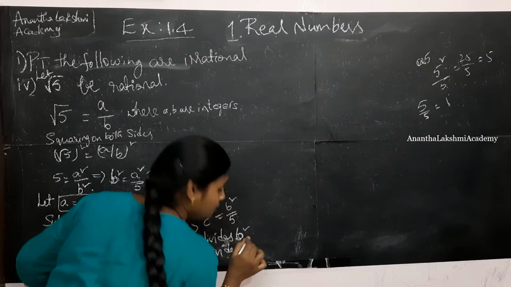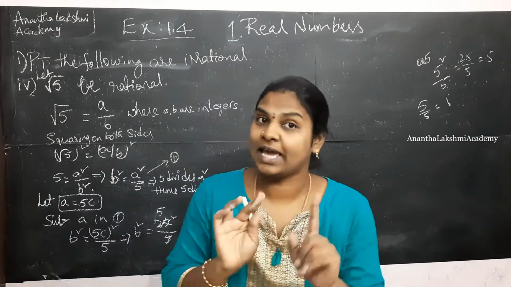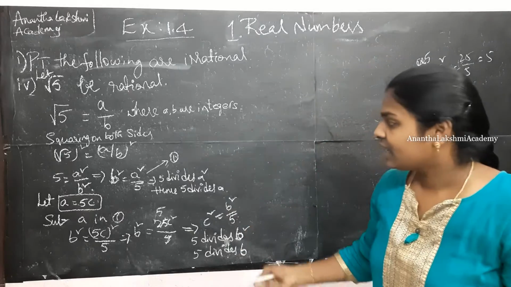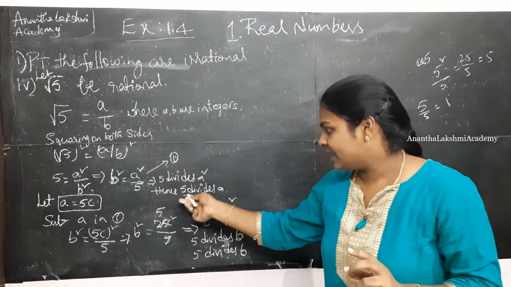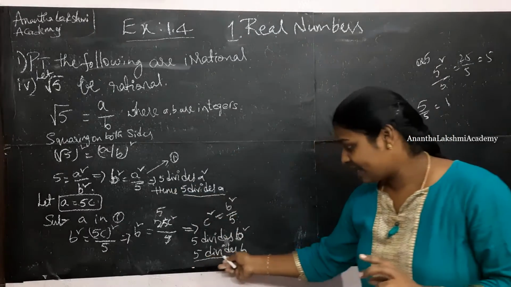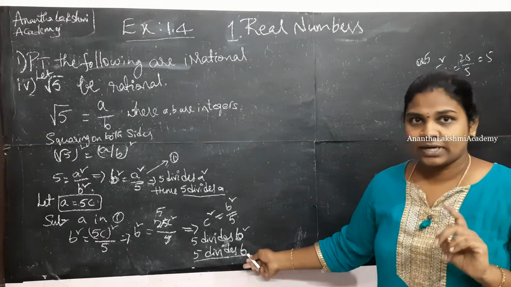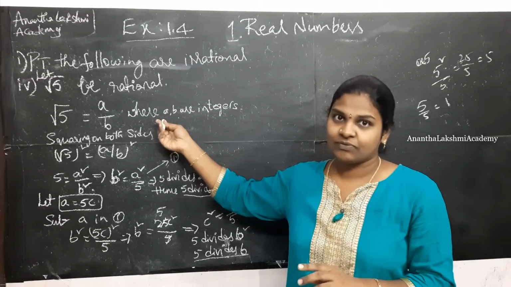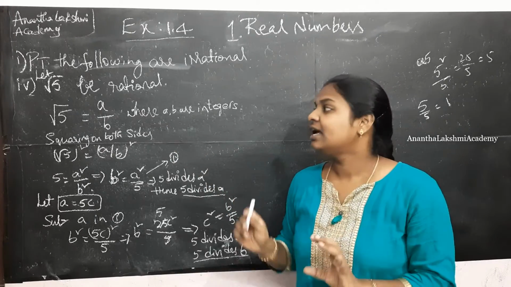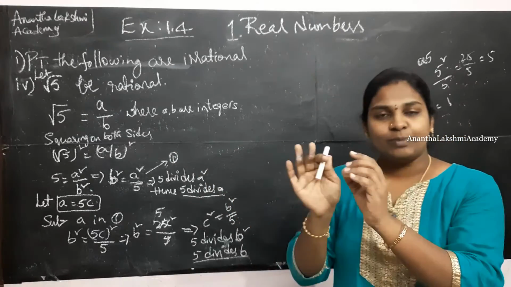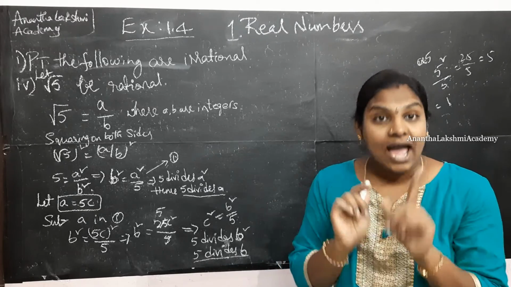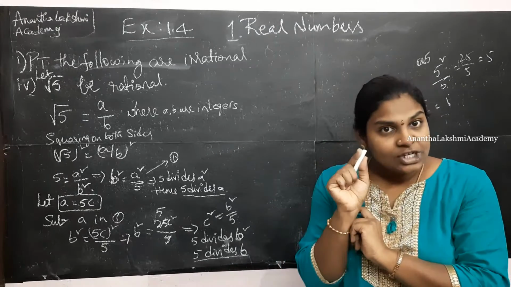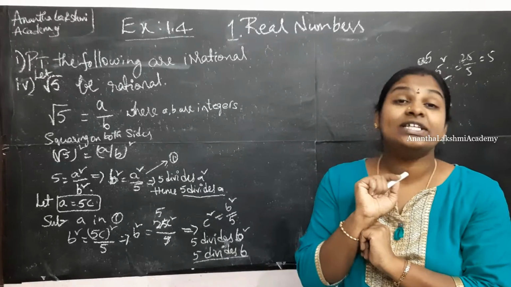Alright. Listen to this problem carefully, do not skip this. Now what did I say? 5 divides a, 5 divides b. Alright. For a number to be rational, what did we say? It should be in the form of a by b, and a and b should be co-prime. What is co-prime?